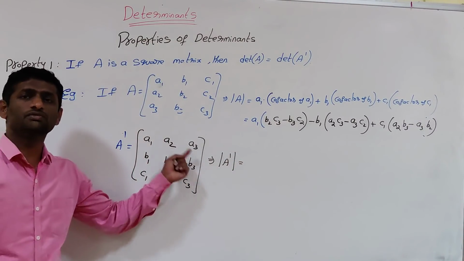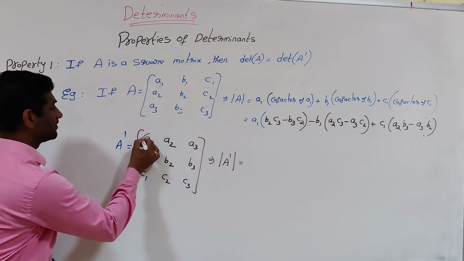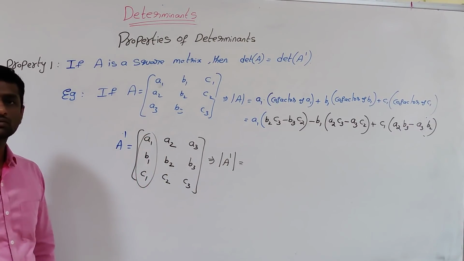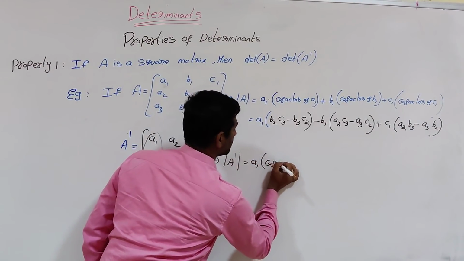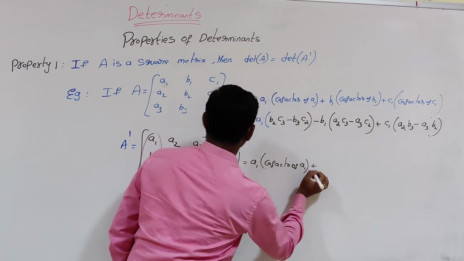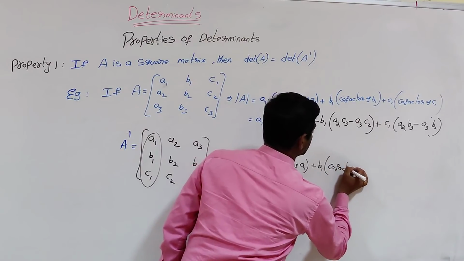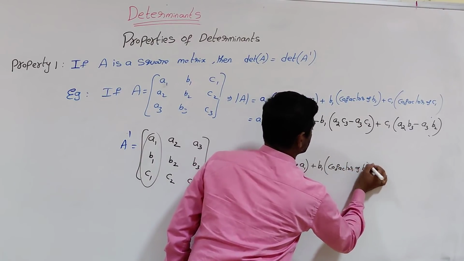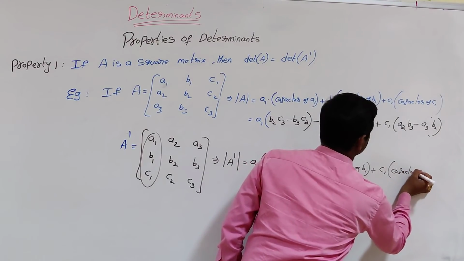Again, we can use any one of the rows or columns. Now, if I go by the first column, that is A1 into cofactor of A1 plus B1 into cofactor of B1 plus C1 into cofactor of C1.